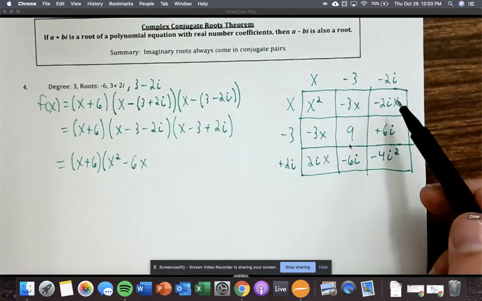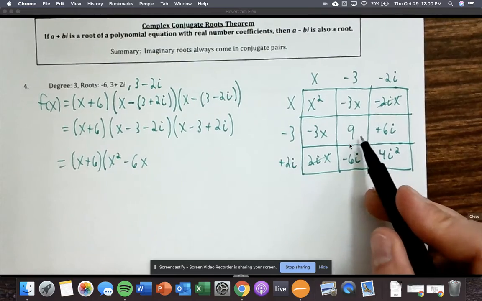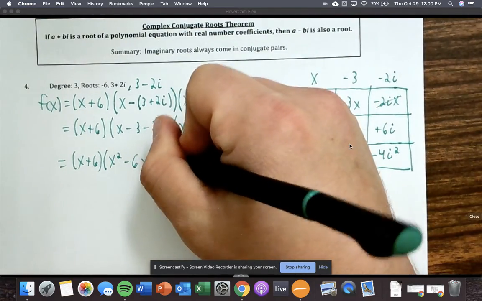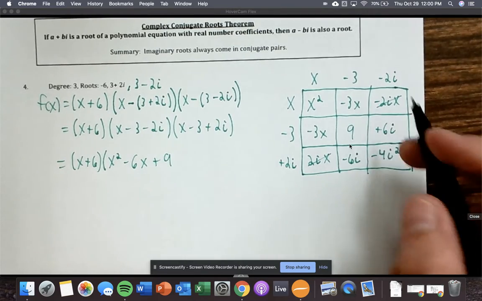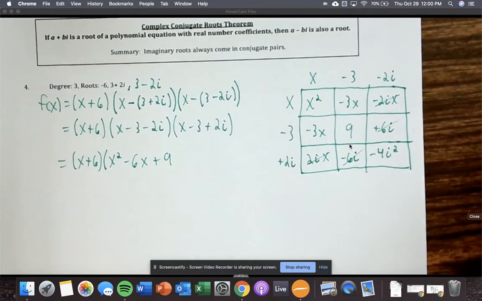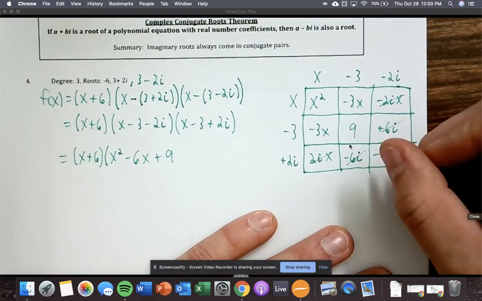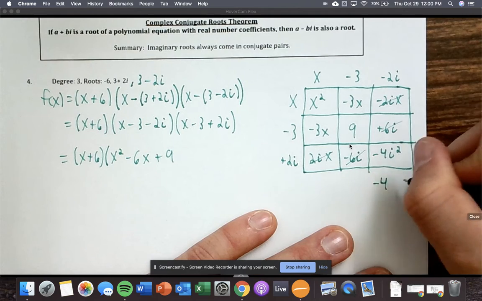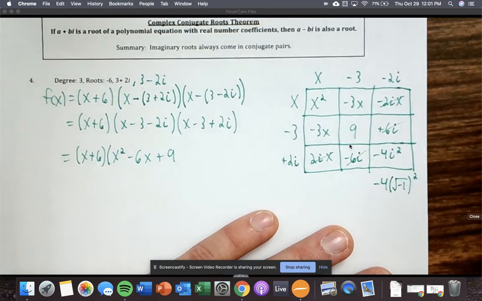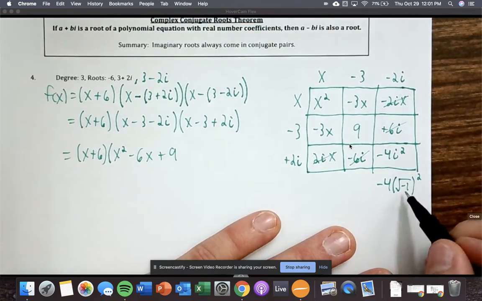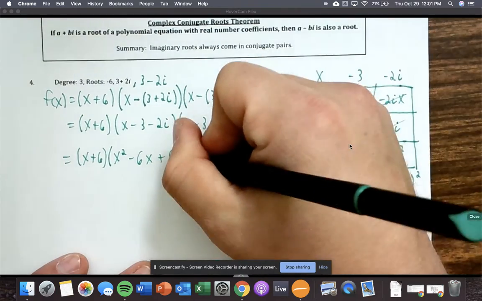Those are like terms, and they're just going to cancel each other out. So we have this positive 9, so we'll say plus 9. And then this negative 6i and positive 6i are also going to cancel each other out, which leaves us with just negative 4 times i squared. But if we remember, i is the square root of negative 1. So this is really like saying negative 4 times the square root of negative 1 squared, which is really negative 4 times negative 1, so we get positive 4.